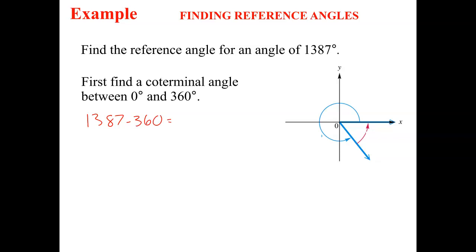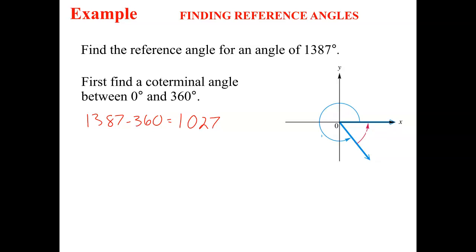Alright, what's 1387 minus 360? Okay. Is that between 0 and 360? So now what do we have to do?